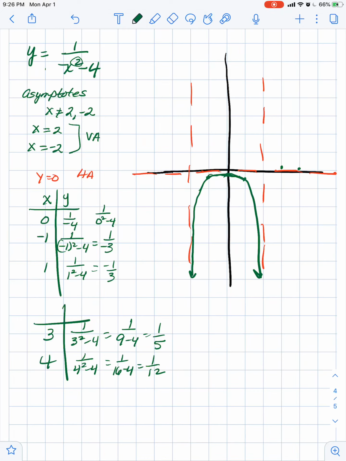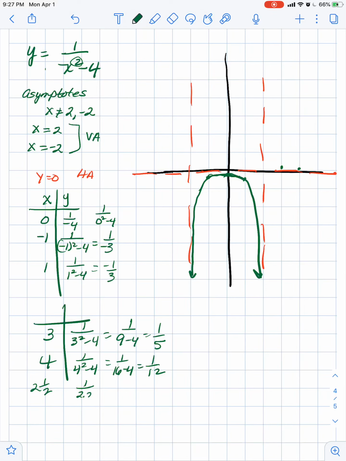Now I could go back in and I could put, it's kind of a pain to do it, but I could put in 2.5. So 2.5 and put it in my calculator if I want to. I think I'm actually going to do it that way. So I'm going to put in 2.5 squared minus 4. I'm just going to put that piece in. And it's 2.25.